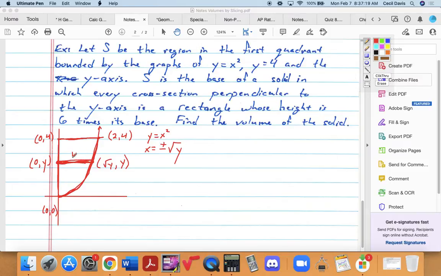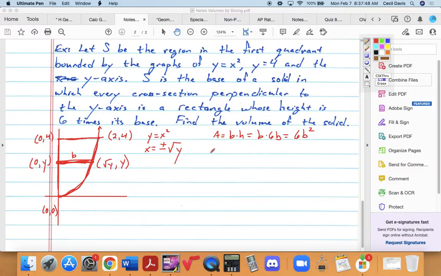It's the base. So the area of a rectangle is base times height. But for this particular one, it says the height is 6 times the base. So b times 6b, which is more simply stated 6b squared.